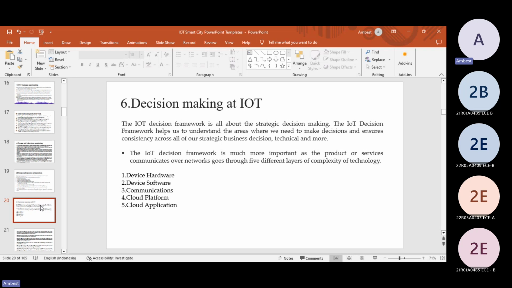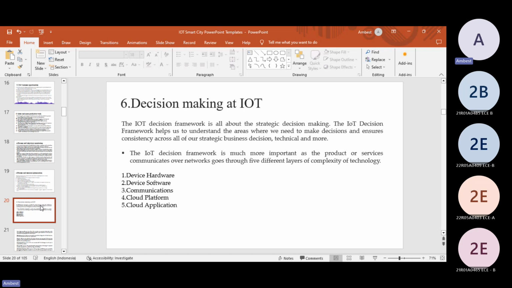It applies to products and services which communicate over networks through five stages: device hardware, device software, communications, cloud platform, and cloud applications. As I mentioned before, the device hardware is all about building hardware devices, and the software makes that hardware offer some kind of software to be implemented with it, so that it gives a great product.